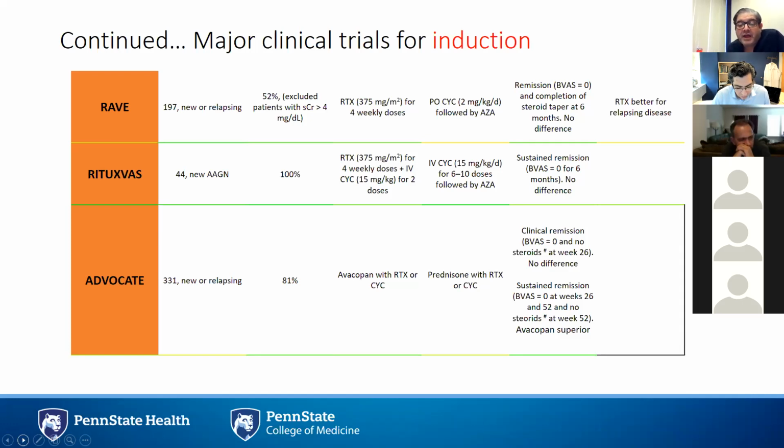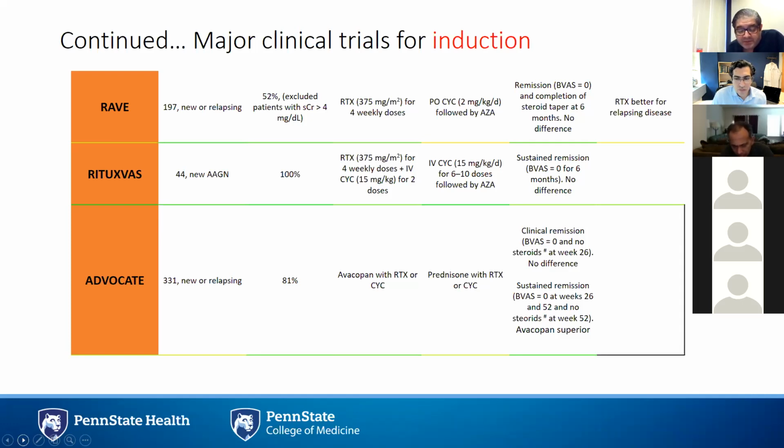And thirdly, ADVOCATE, this is the up and coming form of therapy for ANCA-associated vasculitis. Again, you look at the arms, and you're taking avacopan instead of prednisone. So you're trying to get rid of prednisone here.